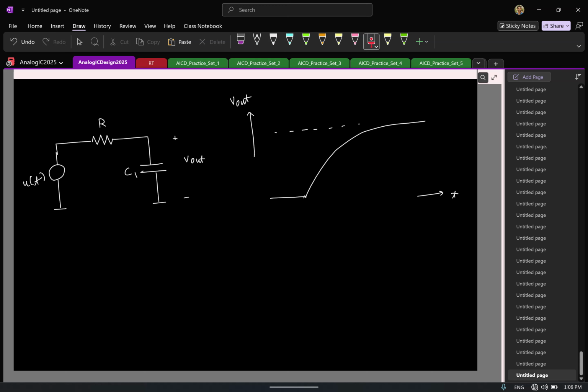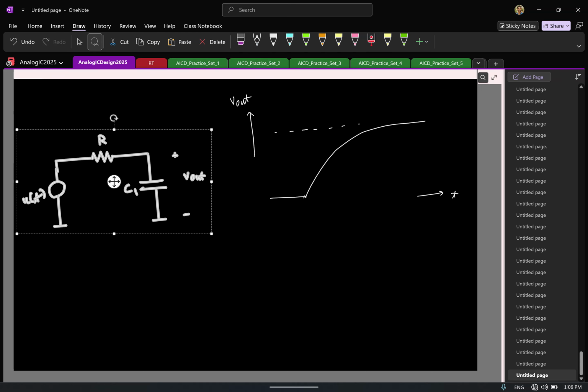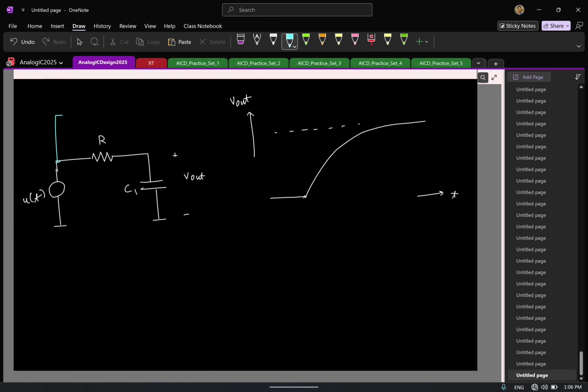Now how many poles are here? One pole. Is there a 0 here? No, because if I short this capacitor, the output is 0, so there is no 0. So let's now try to introduce a 0. Let's say I go and add another capacitor here. Let's call this C2. Now do you think I have a 0 in the circuit?